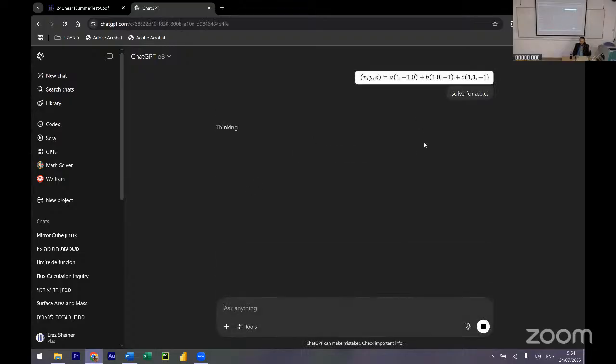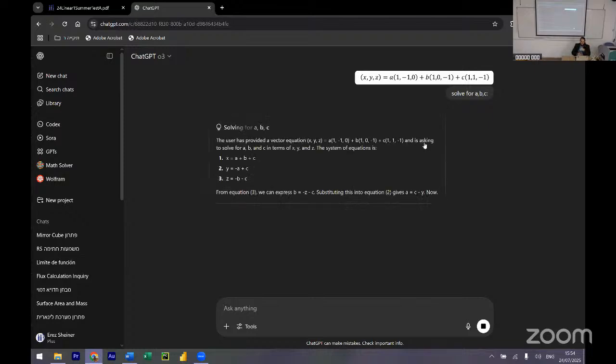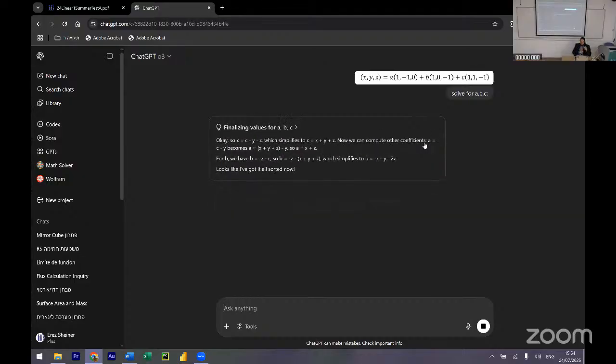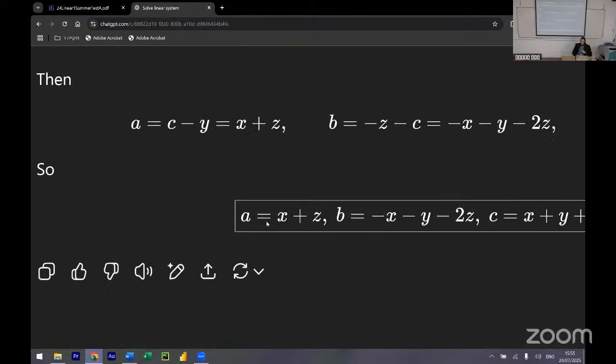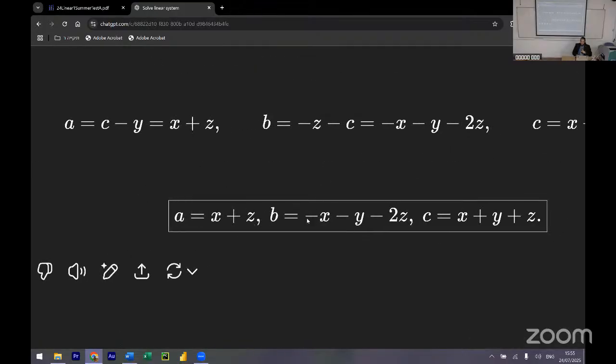I didn't even copy the text. It's quite good. And so A is x plus z, B is minus x minus y minus 2z, and C is x plus y plus z. Yay for us.